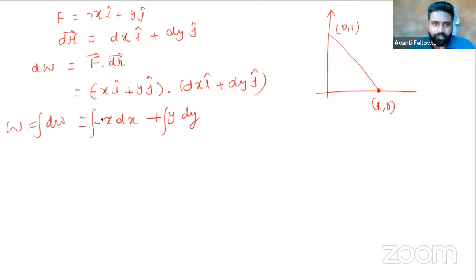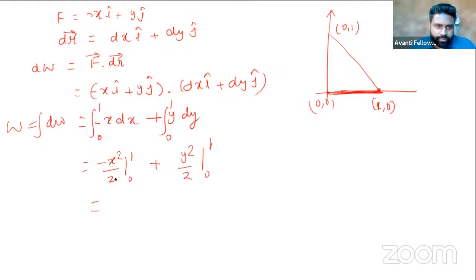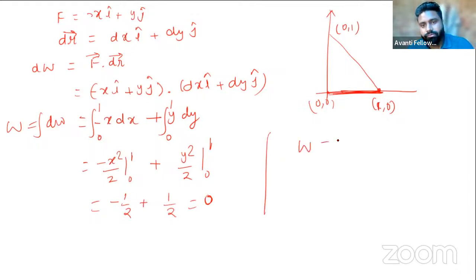Here x varies from 0 to 1, and y also varies from 0 to 1. So it is minus x square by 2, 0 to 1, plus y square by 2, 0 to 1. So minus 1 by 2 plus 1 by 2 becomes 0. So the answer to this question is 0.